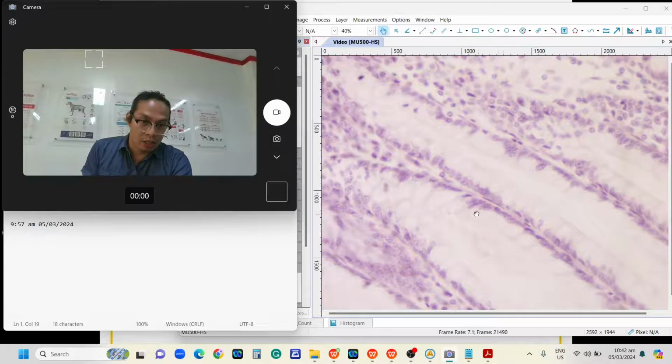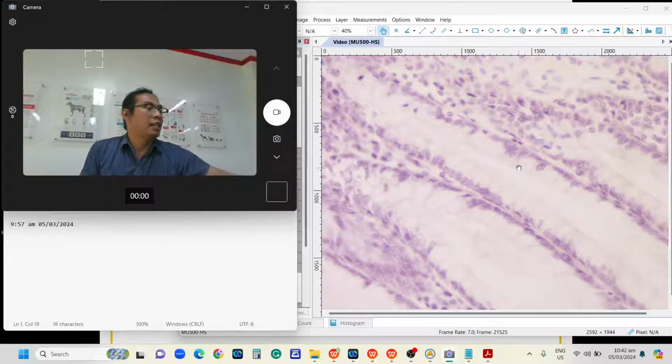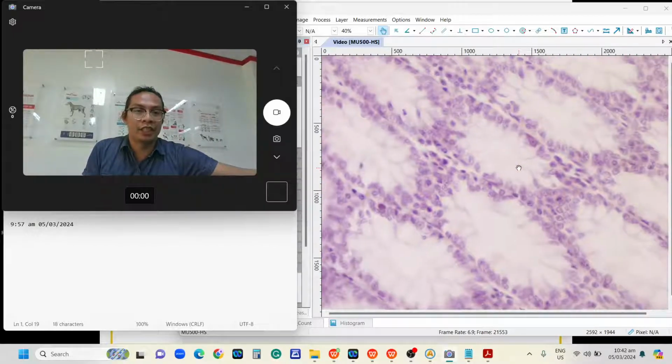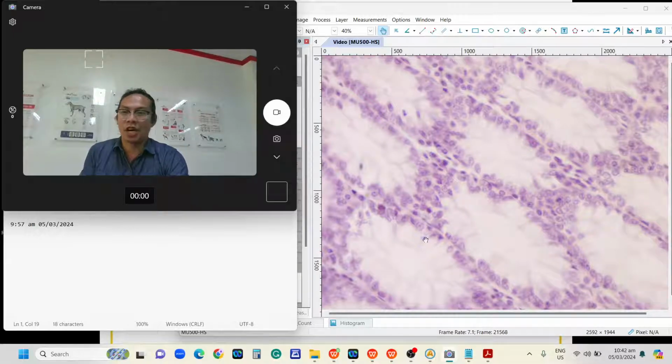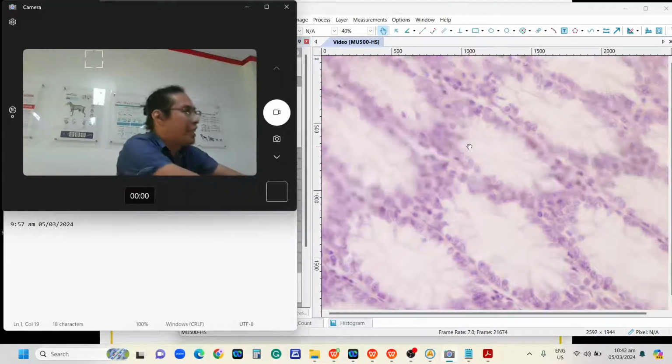Okay? So this is how a large intestine should look, with many goblet cells. Each of these are goblet cells. Okay? The spaces that we see, those are the goblet cells. Okay? Now, let's move on to the multicellular gland.